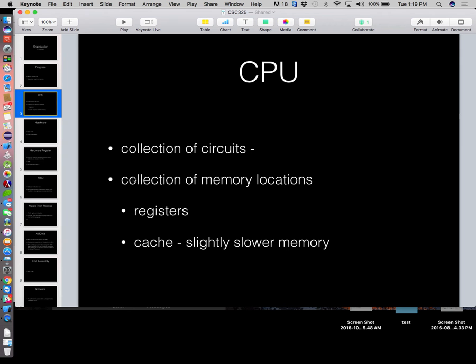Okay, so we started off talking about the CPU. There'll definitely be at least one question dealing with the CPU in terms of its nature. So this idea that it's a collection of circuits, and we're going to talk about the nature of those circuits in much more detail the second half of the semester. But a collection of magic tricks, the idea of registers, the idea of memory that sits on the CPU. So I can certainly see a question about the general use of registers.